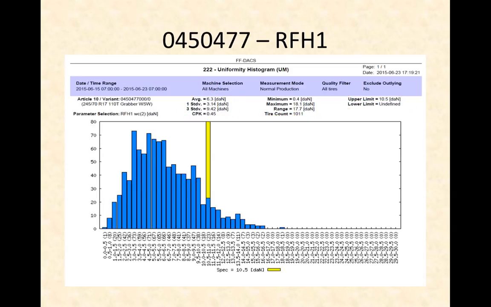This specific article also has a spec limit of 10.5, as denoted by the yellow bar. The average is a little bit high at 6.3, and the deviation is 3.1. Similar instance to 045 0478, but just a little bit lower and not as many tires failed.